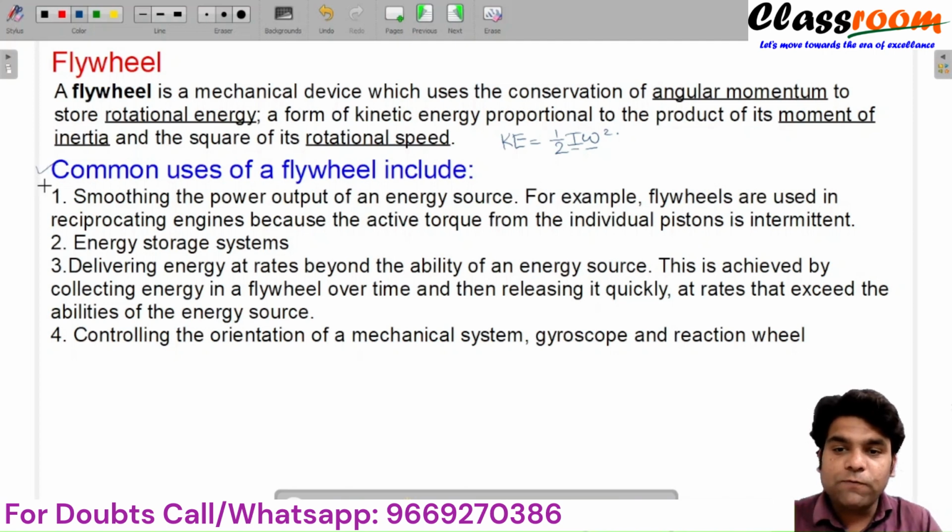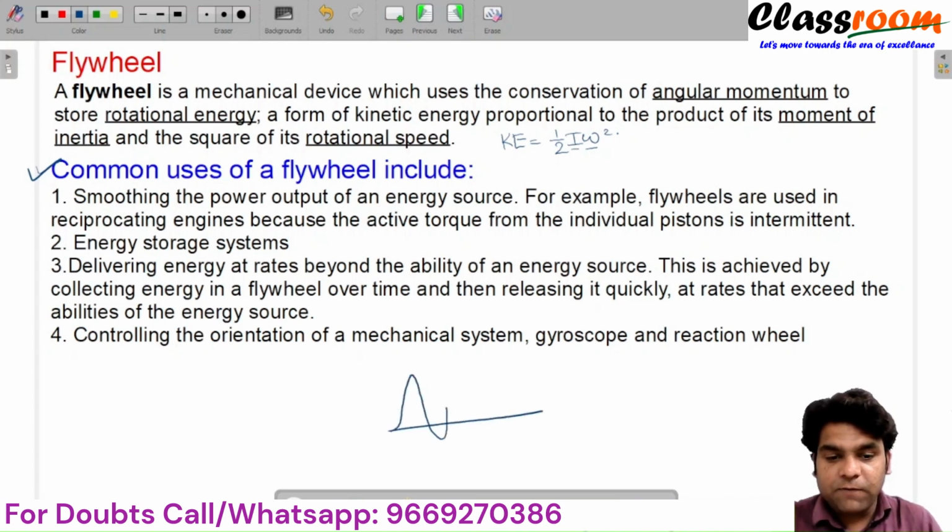So the common uses of flywheel include smoothing of power output of an energy source. For example, flywheels are used in reciprocating engines because the active torque from the individual pistons is intermittent. We know that in engines there is a fluctuation of energy. That means during power strokes we are getting more amount of energy, and during other strokes we are not getting that much amount of energy.